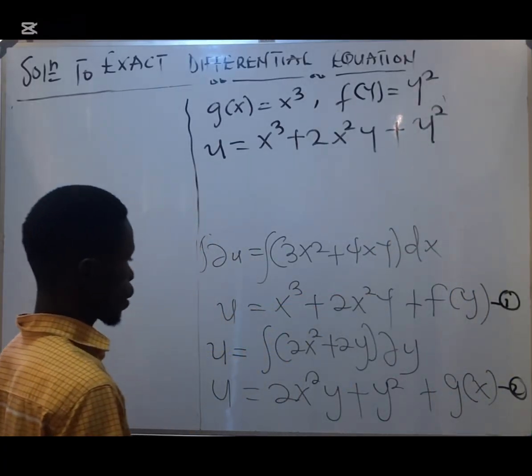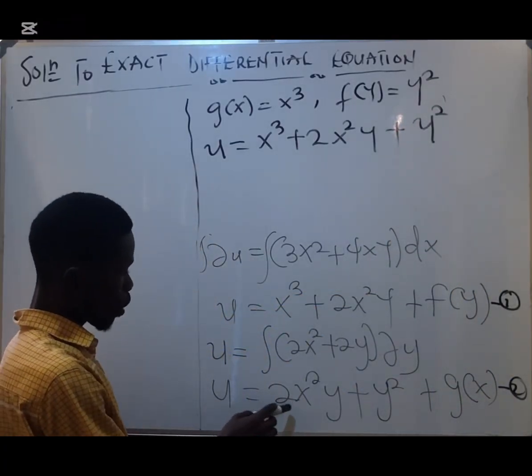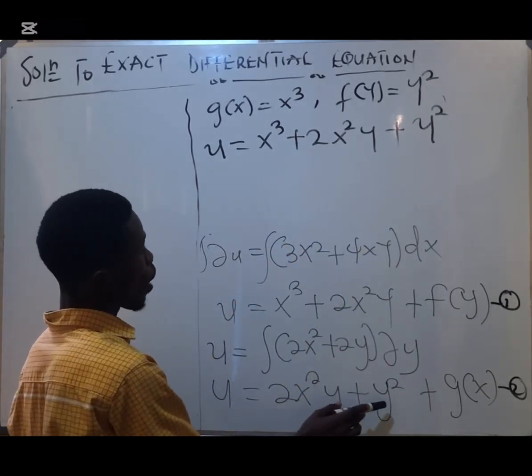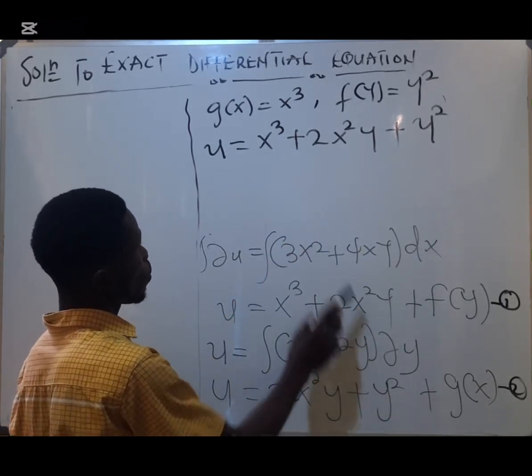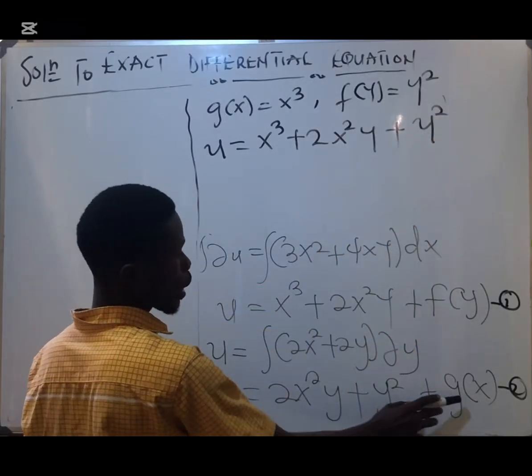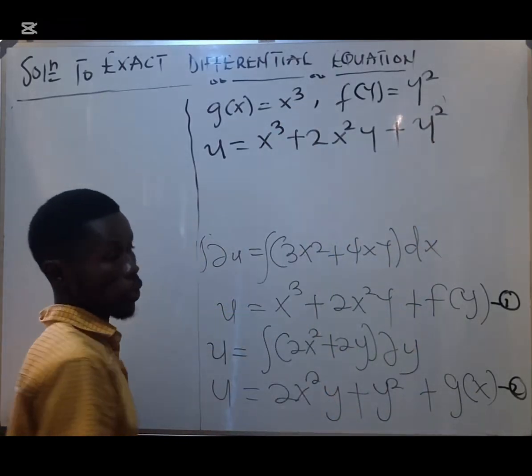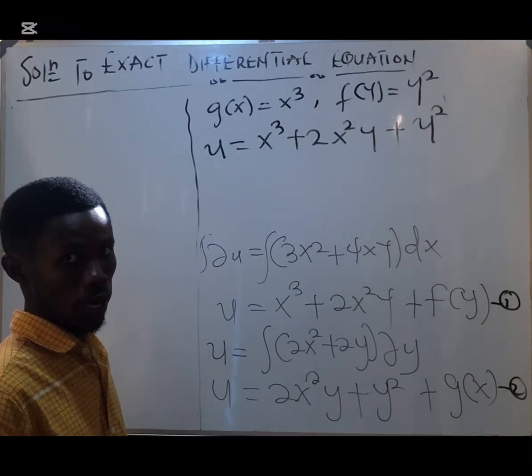Have you seen it? If someone also picks this one, we are going to have 2x squared y, which is here. You have y squared here, yes, y squared is here. Then g of x is x cubed, so if I put x cubed, you see that it's here. So it's the same thing. Whatever you pick, you get the same thing.